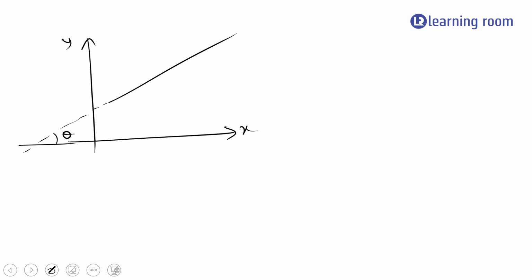And you will take the tan of that angle, which will give you a parameter called slope. Meaning, for you to write the equation of a line in a two-dimensional plane, what is the important parameter that you need? You need the slope of it.